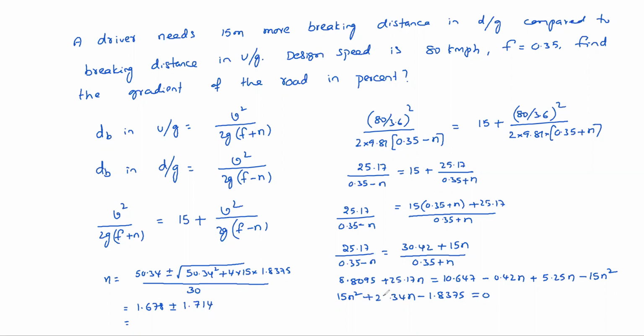Plus 20.34, then 8.8095 minus 10.647. That's all. 1.8375 minus. Okay. Then minus b.